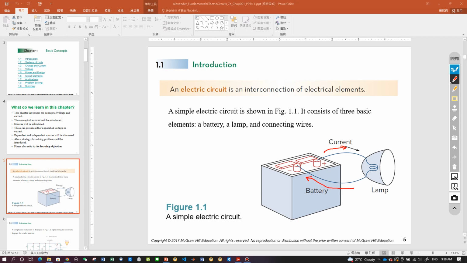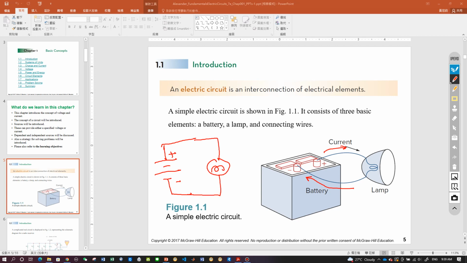It's just like here. We have a battery, right? Of course, with this battery, this is positive, this is negative. Positive side, negative side, and then we have a lamp. We connect them together.